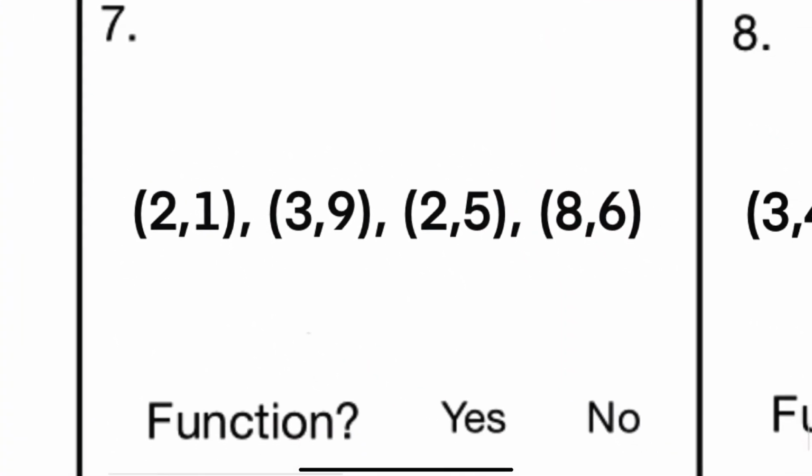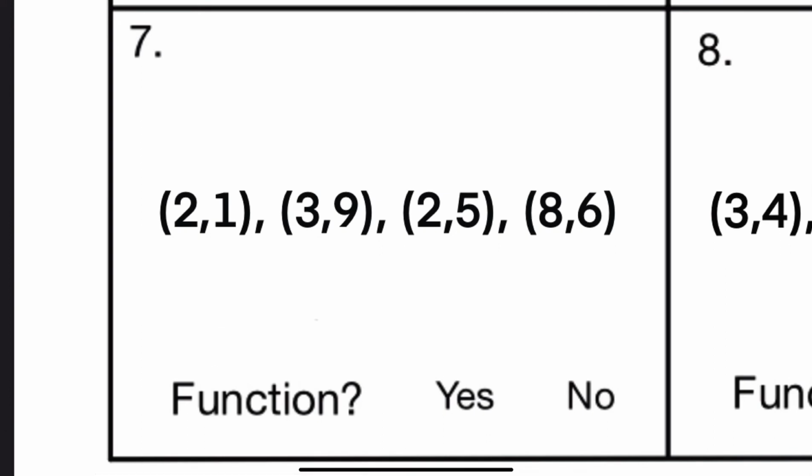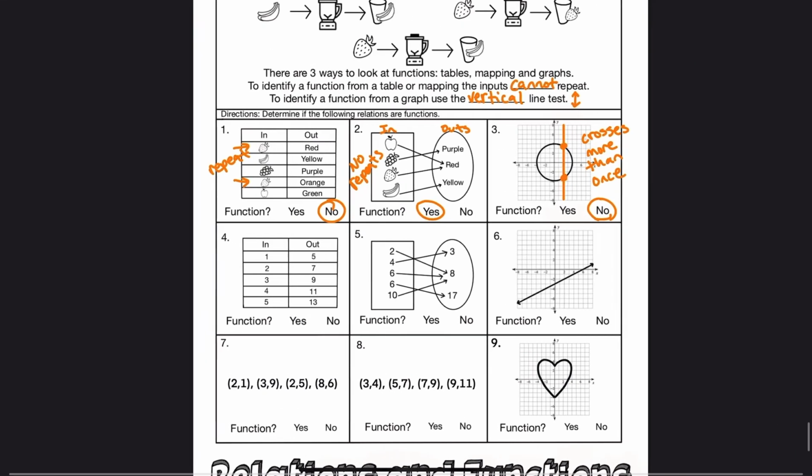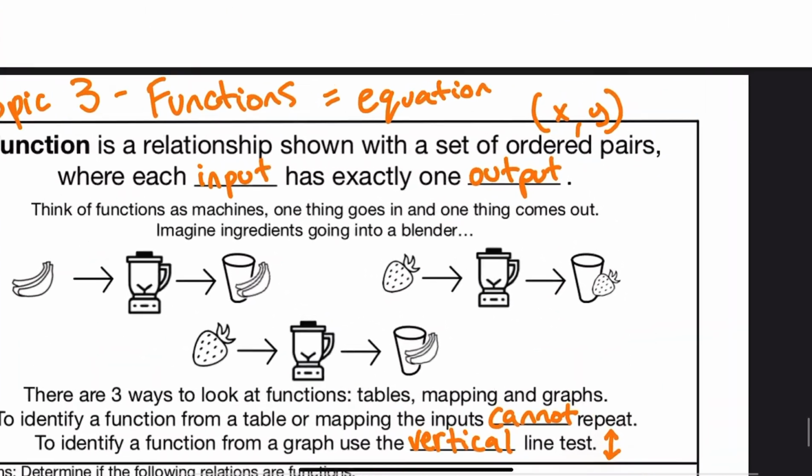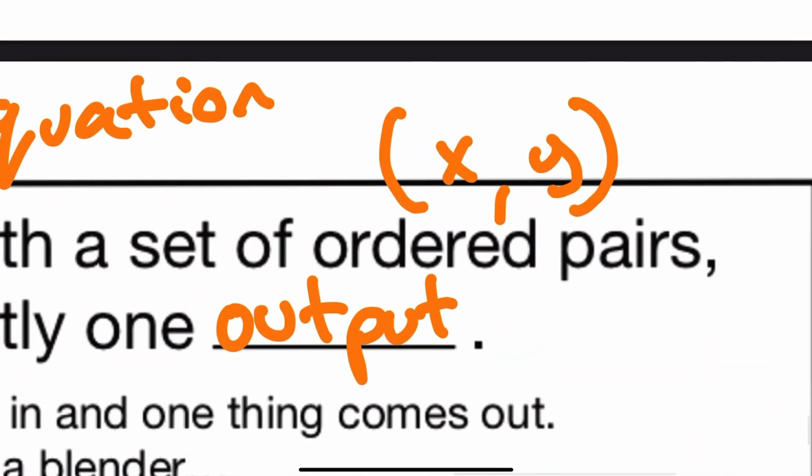So we have 2, 1, 3, 9, 2, 5, 8, 6. Well, that doesn't look like a table. That doesn't look like the mapping either, and it definitely doesn't look like a graph. They look like coordinates to me. So just like at the top of our notes here, we had something that looked like that, right? We had ordered pairs.